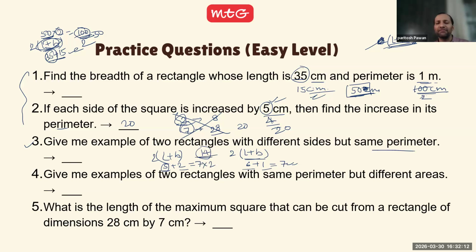In this case, length I have taken 6, breadth is 1, so the sum is 7, 7 into 2, this also has perimeter 14. So these are two different rectangles. Length is 5, breadth is 2. Here length is 6, breadth is 1, but their perimeter is the same. It is asking to give an example, so these are two examples where two different rectangles have the same perimeter.